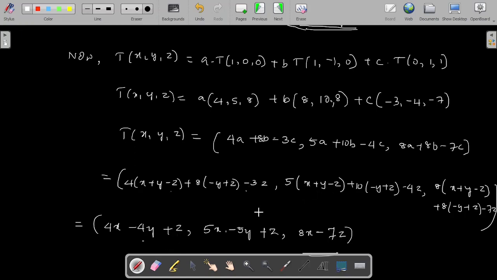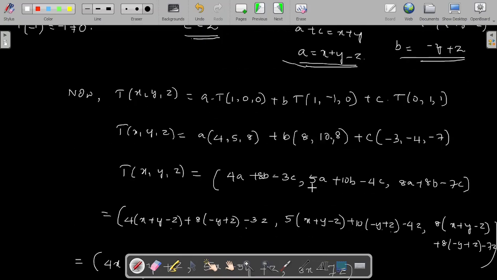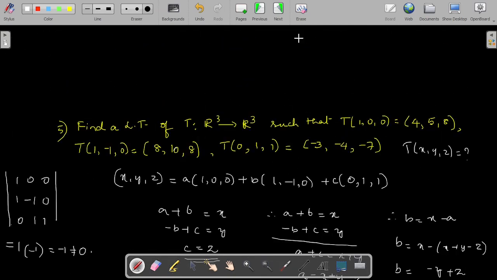Similarly here, 5x as it is, because there is no other x term. Then 5y minus 10y, minus 5y. Then minus 5z plus 10z, that is 5z. 5z minus 4z is z. Similarly do it for the third one. So you will get the required linear transformation.